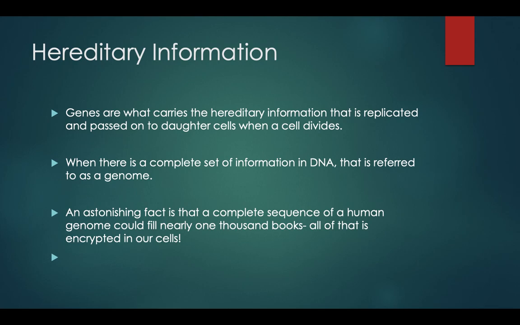An astonishing fact is that a complete sequence of a human genome could fill nearly 1,000 textbook-sized books, and all of that is encrypted in our cells. Going back to DNA replication, it is important to recognize that this nearly perfect process is only nearly perfect. Sometimes mistakes can happen, and errors occur that cause mutations.